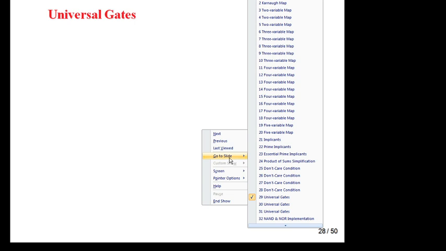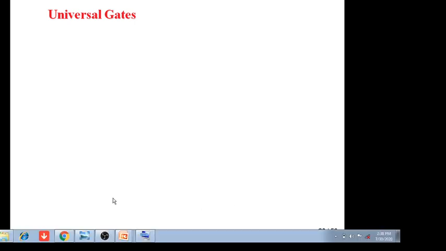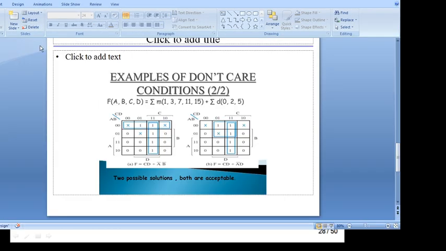Now one more example. This one. Okay, this is the same question. There are two possible combinations. This one, CD plus A bar B, okay, A bar B bar.